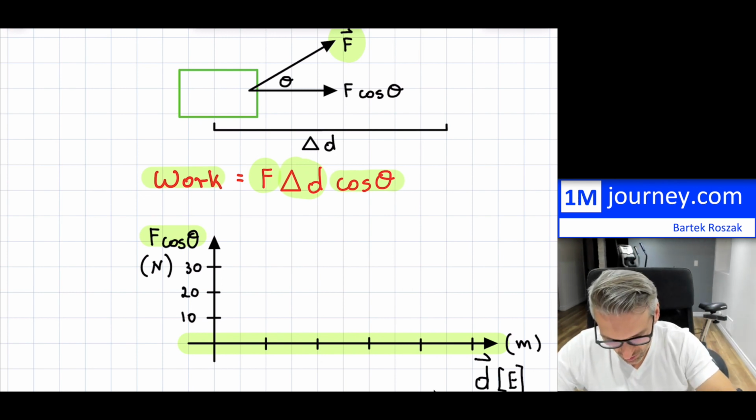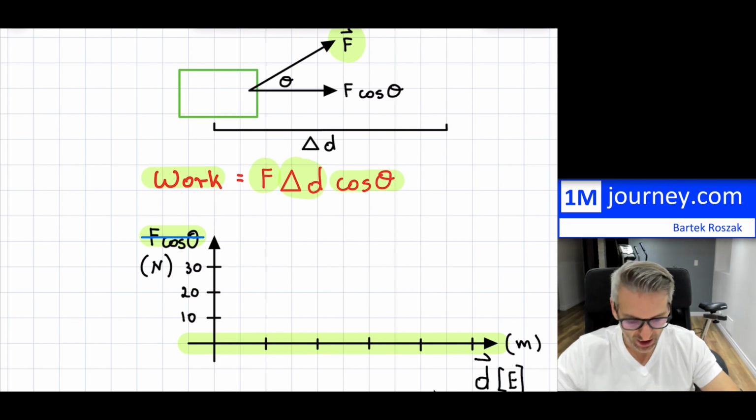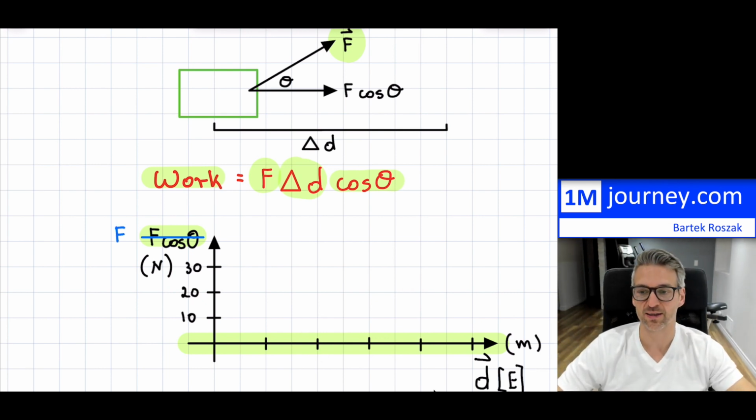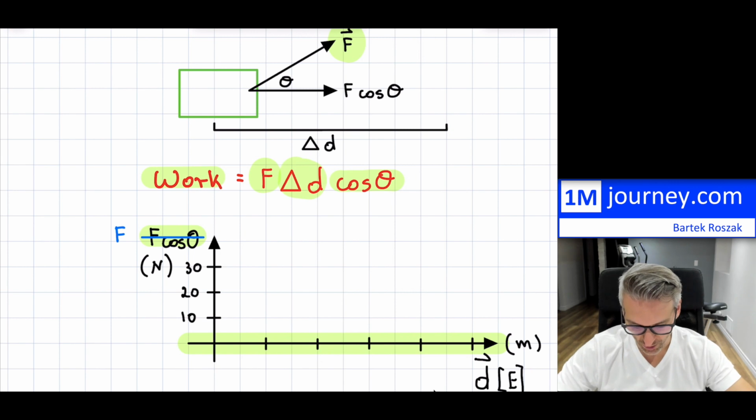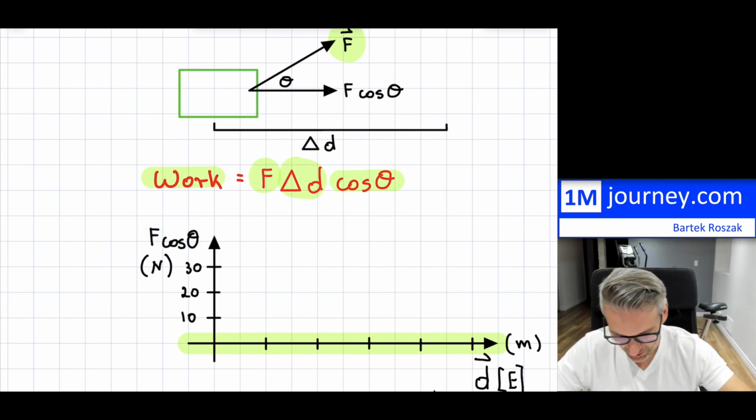Typically, instead of writing this, when you're seeing these force position graphs, they'll just simply say F, and the assumption is that F is in the direction of your displacement. So they've already calculated that component. I'm going to just leave it as it originally was.